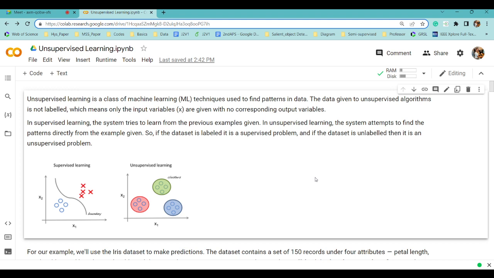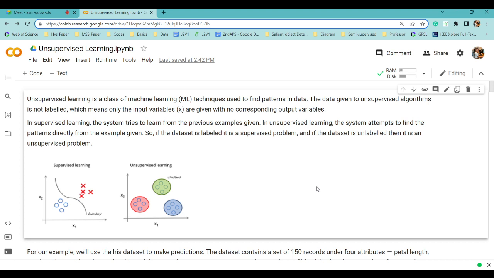So, starting with the basics of unsupervised learning. What do we mean by unsupervised learning and how is it different from supervised learning? Unlike supervised learning, where we have labeled data, in very simple language, I already know that this kind of picture belongs to the dog category and this kind of picture belongs to the cat category.